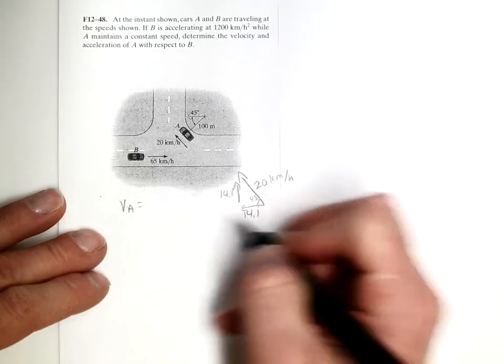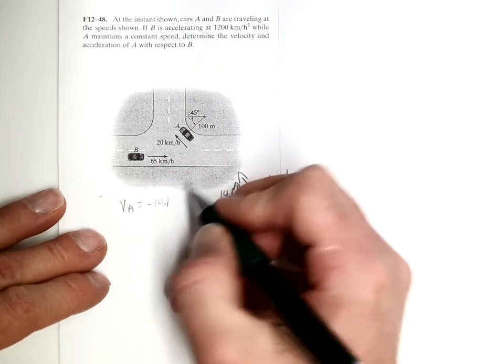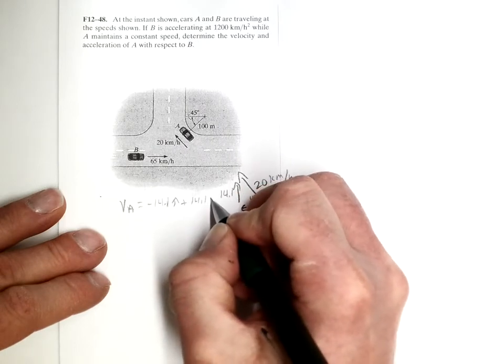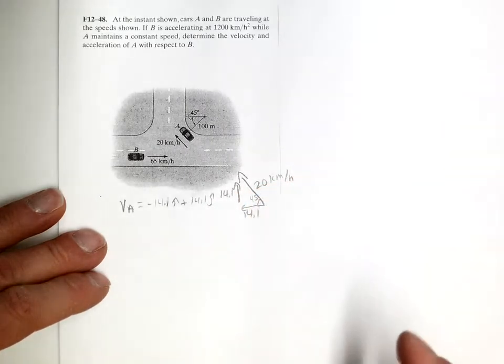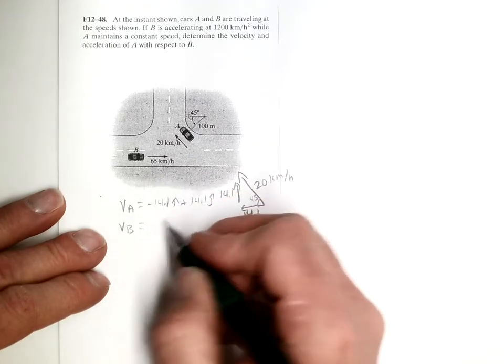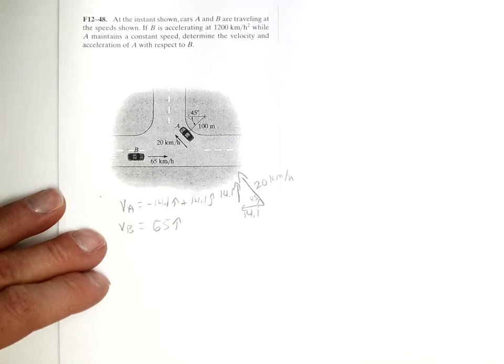So VA is negative 14.1 in the I and positive 14.1 in the J. VB is 65 in the positive I direction.